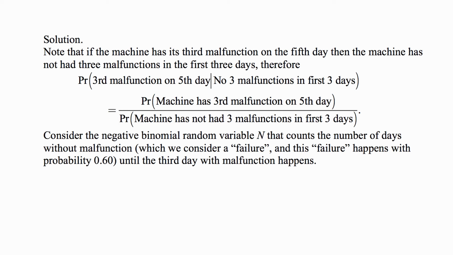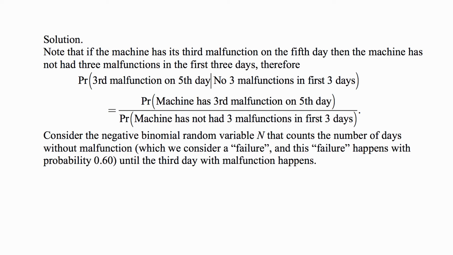That's the point. And that means that if you take the probability of third malfunction on the fifth day, given that there were no three malfunctions in the first 3 days, then that's the probability of the intersection of the two. But the intersection of the two is just the event that the machine has a third malfunction on the fifth day, because that's a subset of the second one.